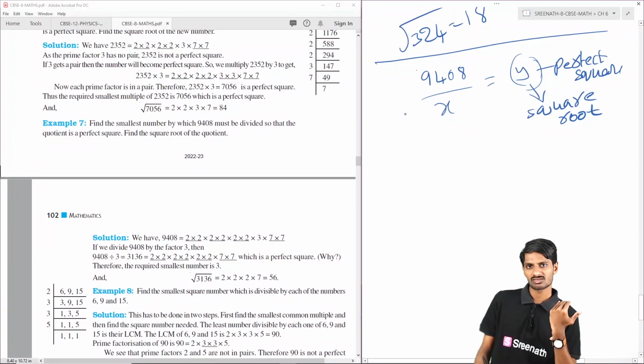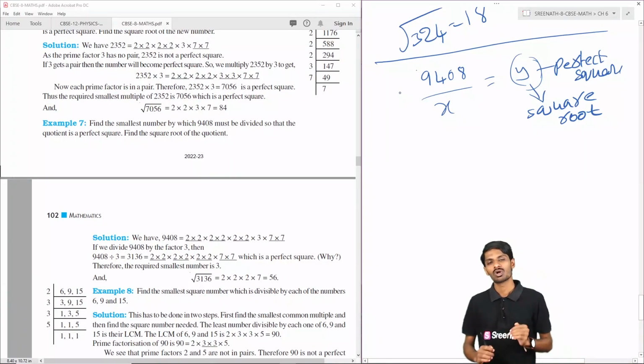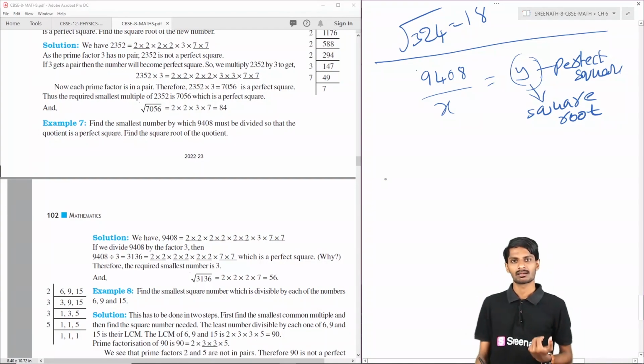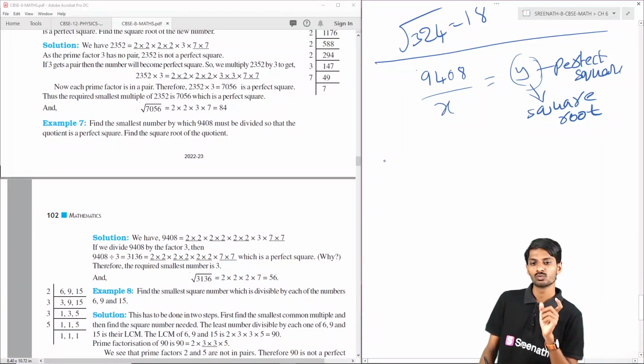What we know about a perfect square is, if you do the prime factorization, every factor is such that we can make all factors into two groups. If you can't make them into two groups, it is not a perfect square.